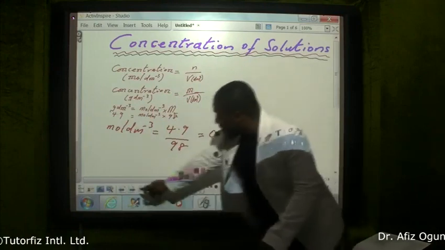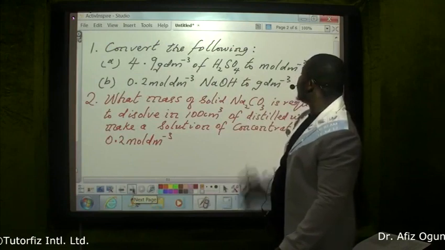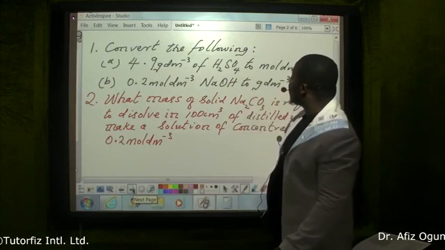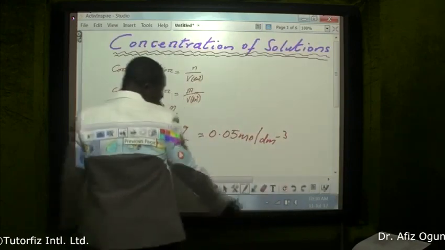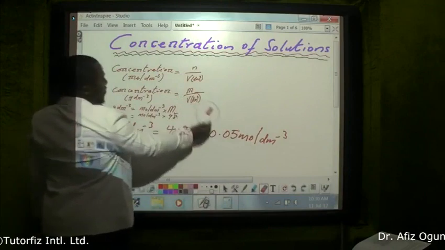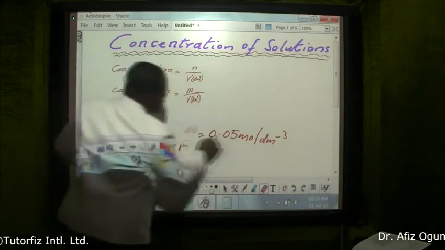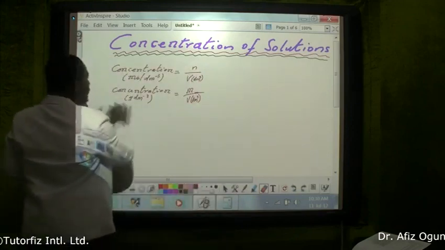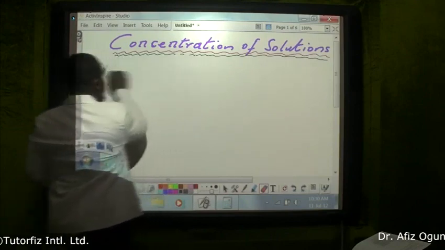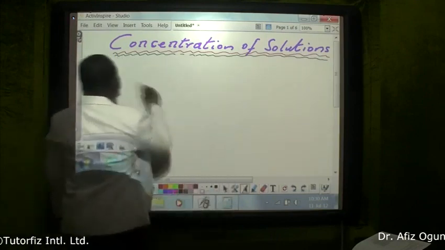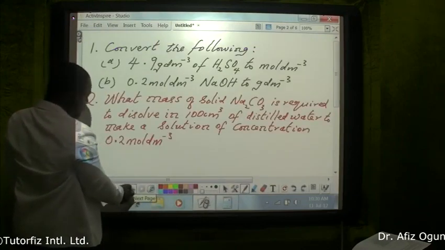Now let's look at another one. Convert 0.2 mole per dm cube sodium hydroxide to gram per dm cube. Easy again. I hope you have written it down. All right, we are saying 0.2 mole per dm cube sodium hydroxide.